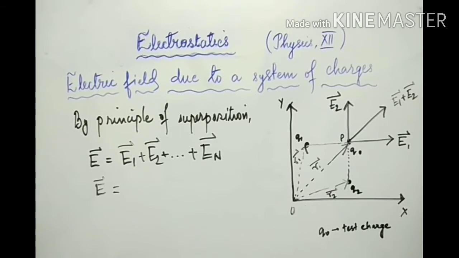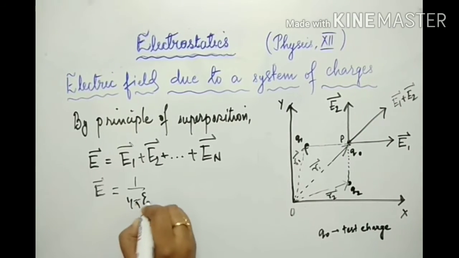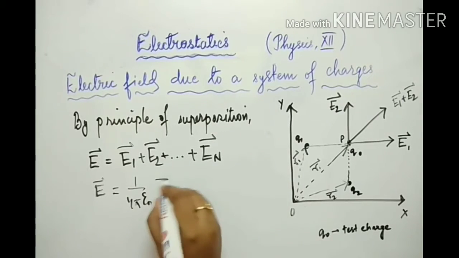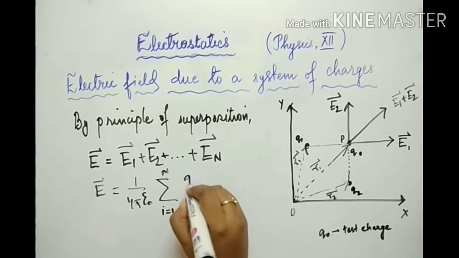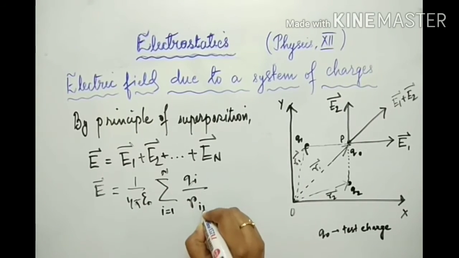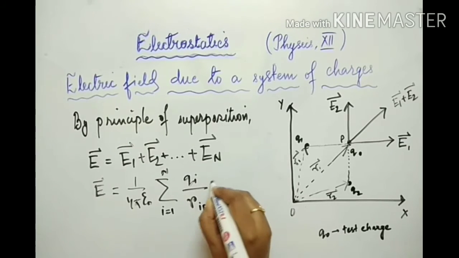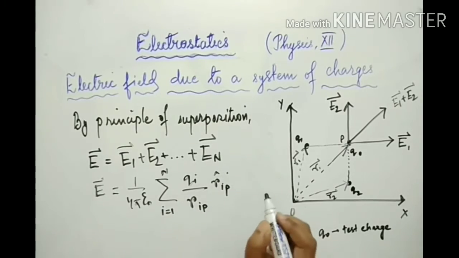E vector equals 1 by 4 pi epsilon naught, and if we sum up all the quantities, we get summation i equals 1 to n, qi by r_ip square, r_ip unit vector.